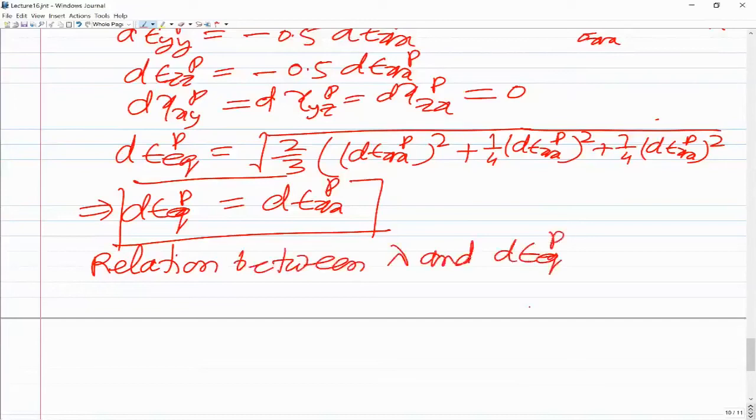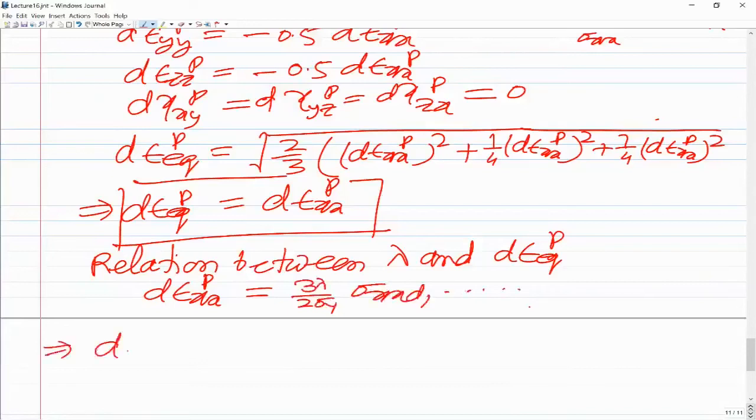So if we want to look at that, we already know the expressions for all the plastic strains for the von Mises yield criterion and associative flow rule, that this is 3 lambda upon 2 sigma y into sigma xxd, and other components we have already said. Now we want to substitute this, so we put d of epsilon equivalent P in the definition.